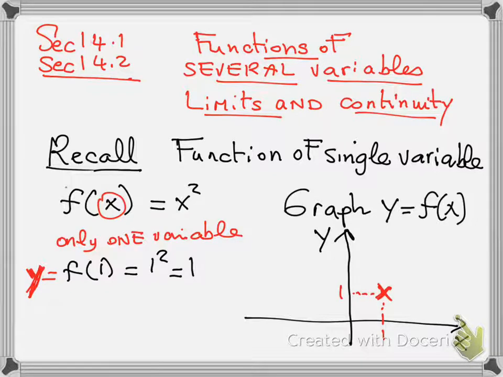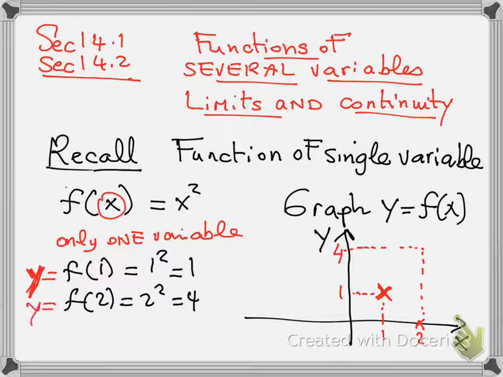So let's say f of 2. f of 2, of course, is 2 squared, which is 4. So here's 2, right? The image of 2 is 4. So it means the height y is 4, etc. So you see, to each x you associate its image, which is going to be like the height.